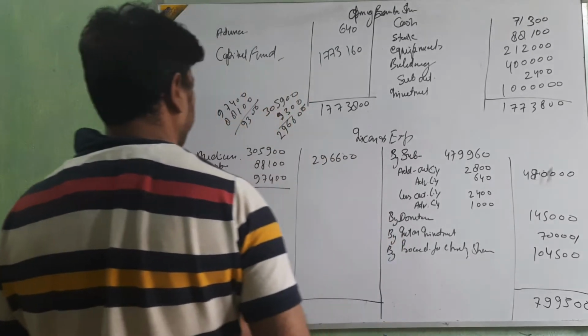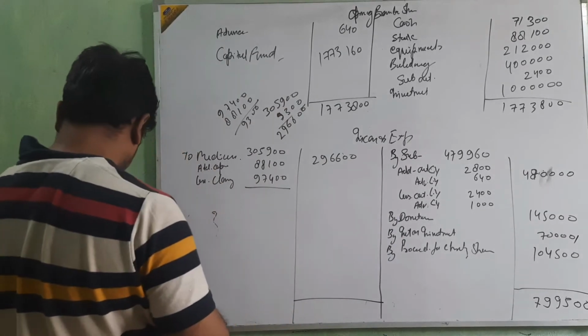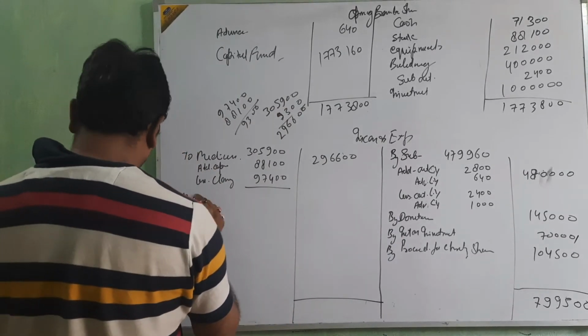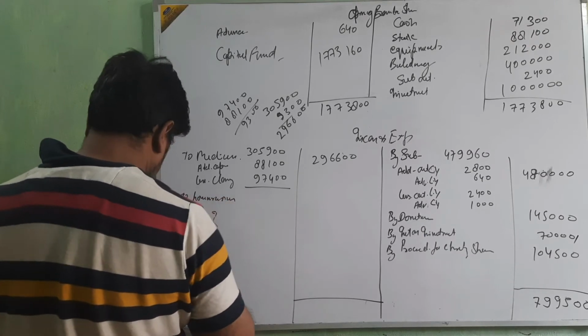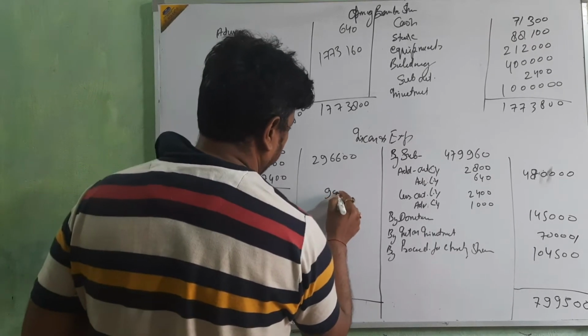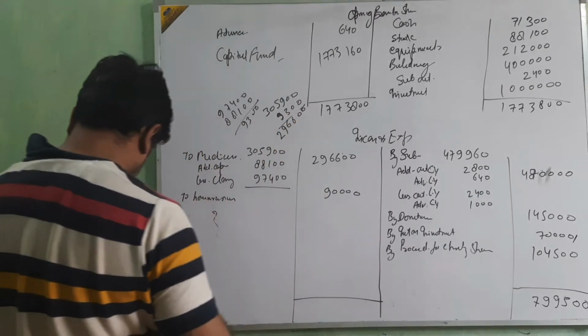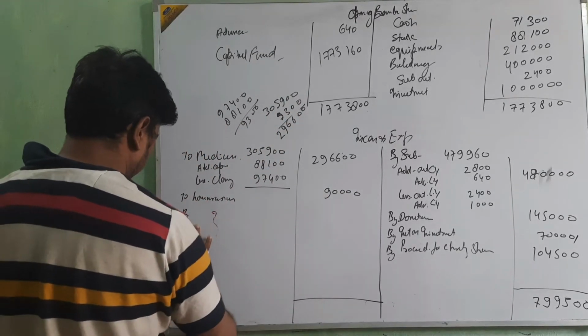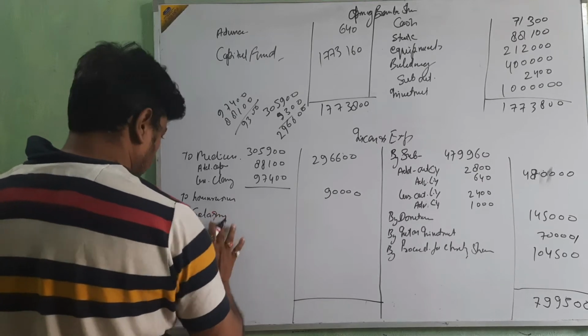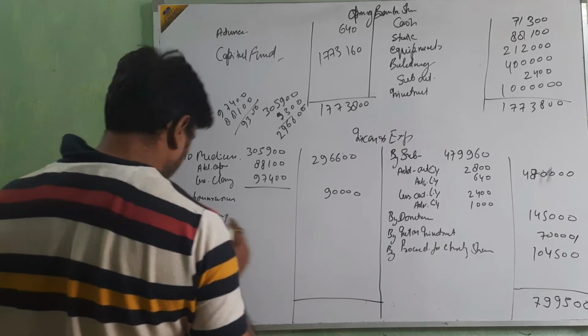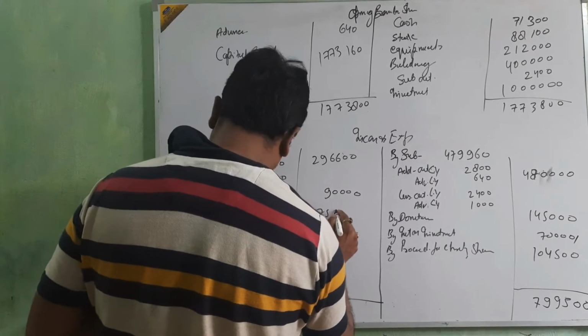Then next, doctor's honorarium, that amount is 90,000. Next is salary, 275.